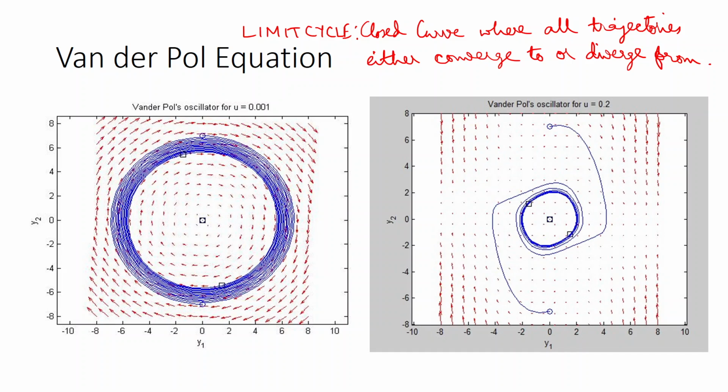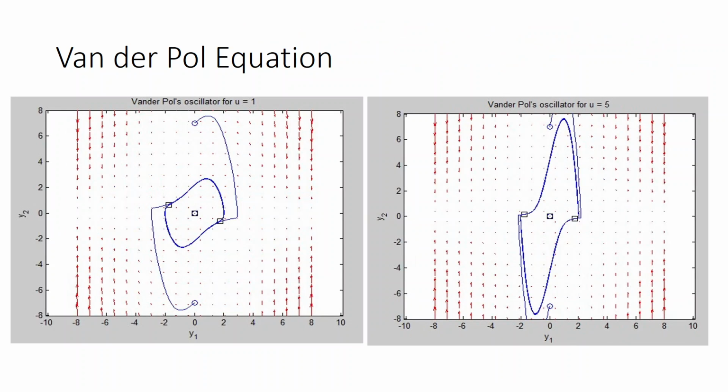These are very close together, so you are not able to appreciate it properly. But as you increase u, you will see that the closed curve, which is a limit cycle, becomes very typical in nature. It also changes its shape, and trajectories surrounding it are converging to it.